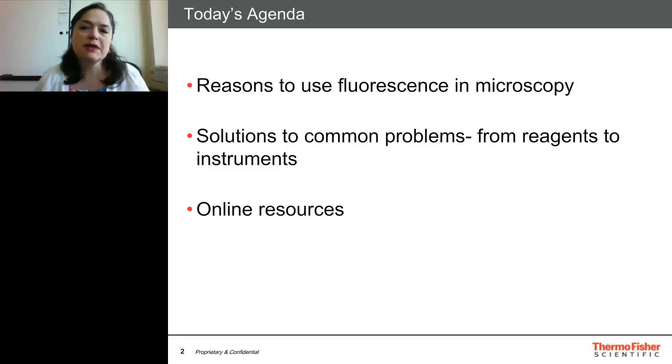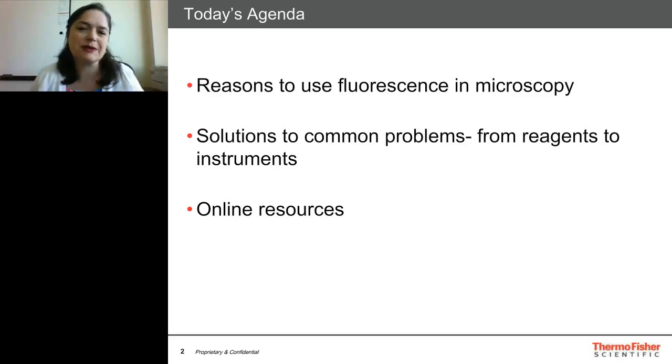The three main things I'd like to cover today are some of the basic reasons you might want to use fluorescence in your microscopy experiments, some common problems that both experts and beginners run into, and different ways that you can solve those problems.